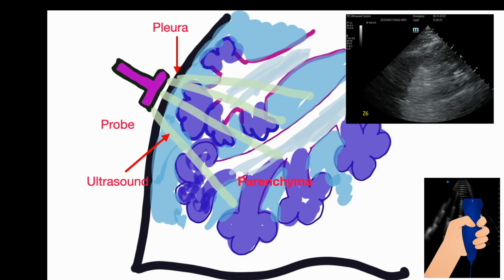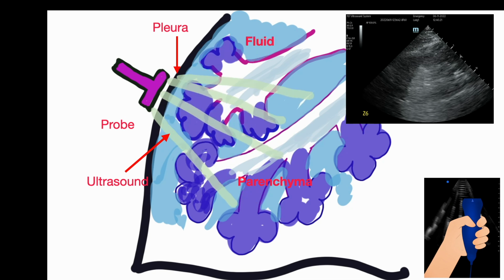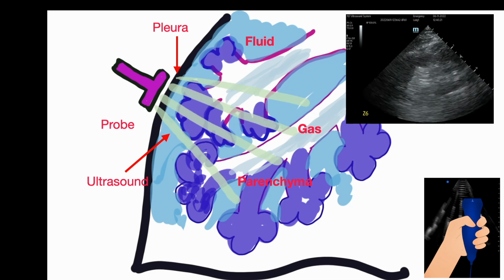Remember, A lines are only artifacts and they are not part of the parenchyma. In this case, now we can see the parenchyma, and this is because we have fluid, gas, and different structures creating the parenchyma of our lung.